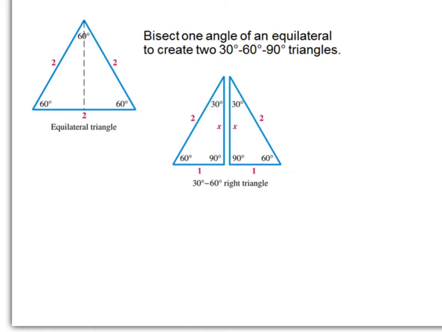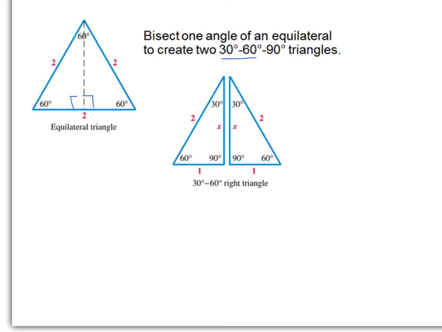The next thing that we'll do is we'll bisect one of the angles. We drop an altitude. What we have done is we've created a right angle and two separate triangles. This base that was a measure of 2 has now become 2 measures of 1. So now we have two separate right triangles.